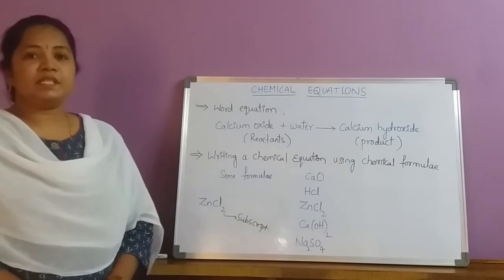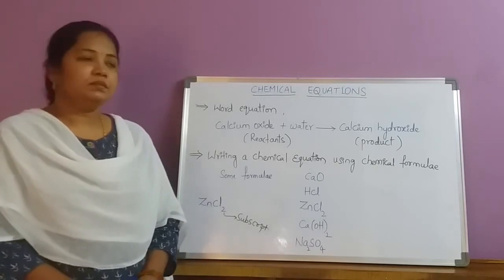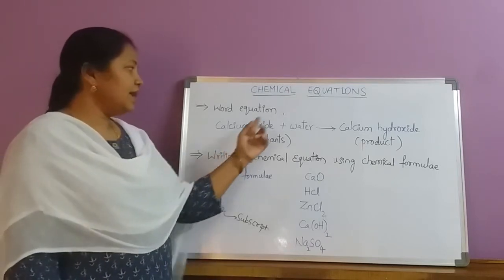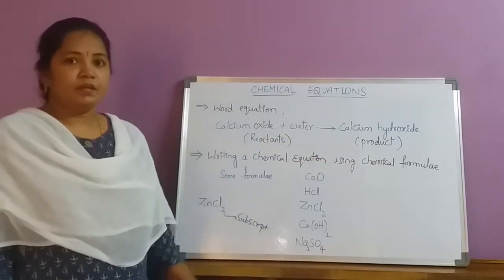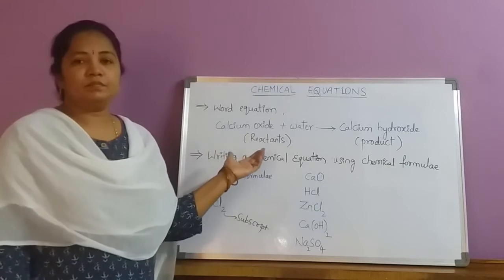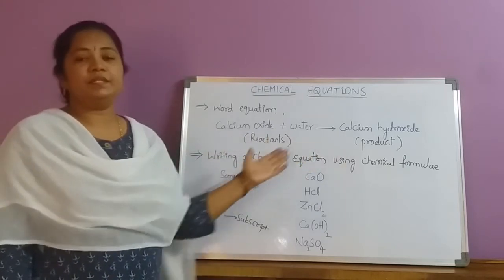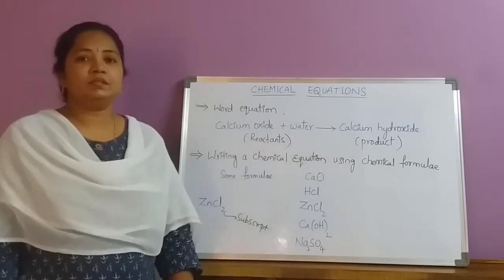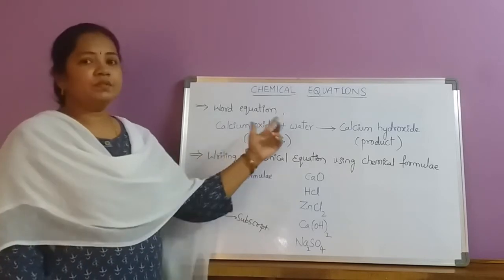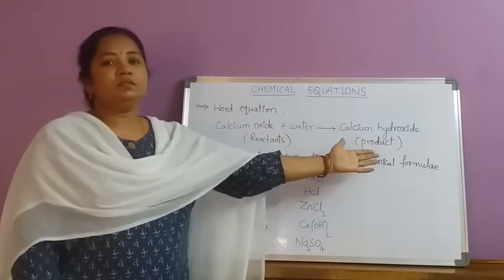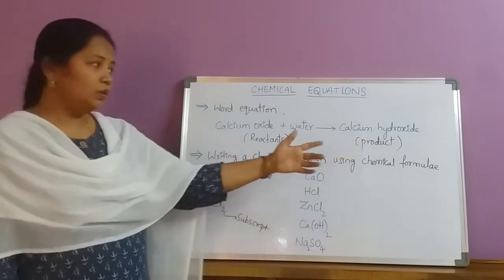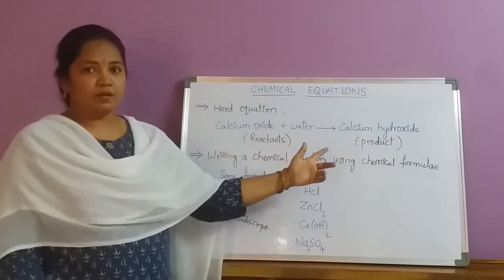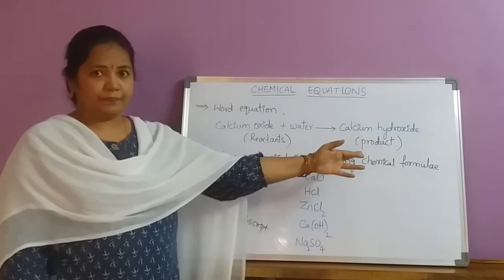So, in the first activity, we have seen that calcium oxide reacts with water to form calcium hydroxide. In this activity 1, how can we describe this reaction? When calcium oxide reacts with water, it produces calcium hydroxide, which is completely unlike calcium oxide and water, a completely new substance.